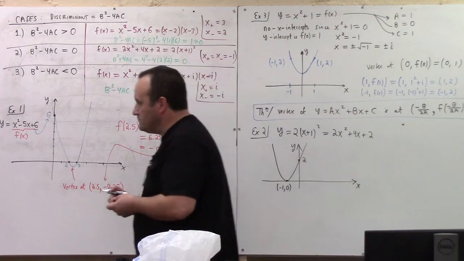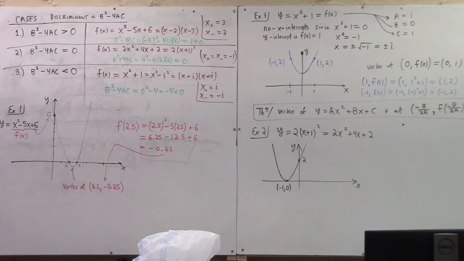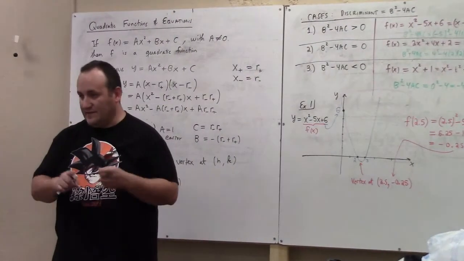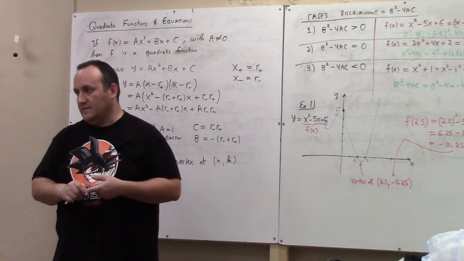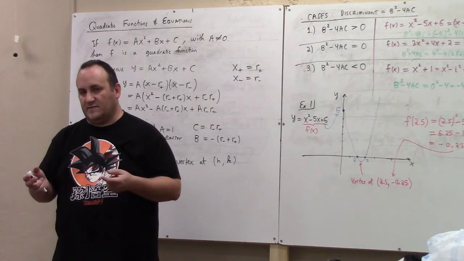All right. So graphing a quadratic involves a couple of things. One is making use of the roots if you have them. If you have solutions to the quadratic equation, that's where the x-intercepts are. The vertex is the other thing we want to find.